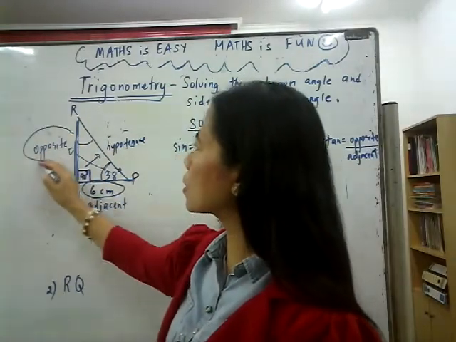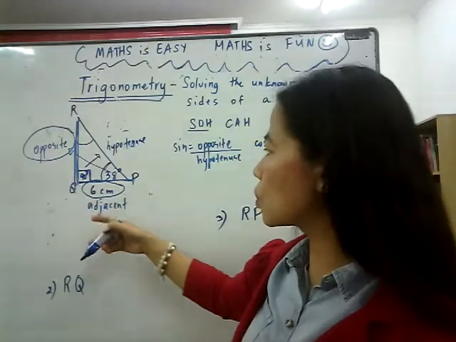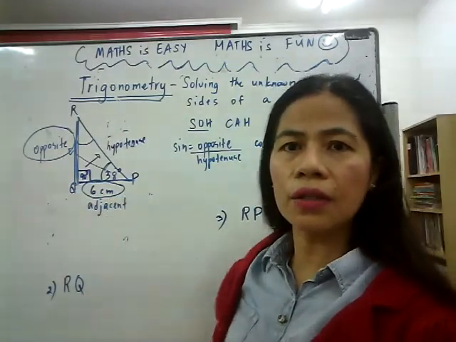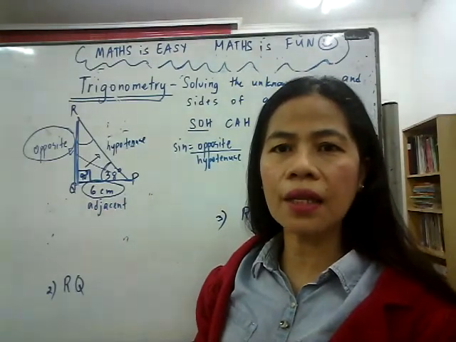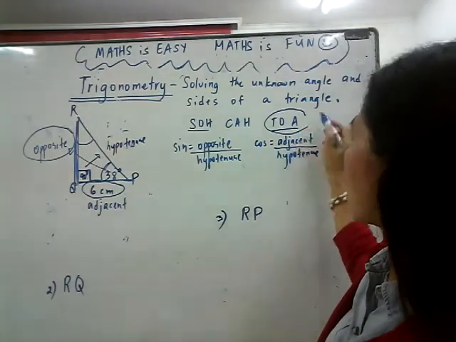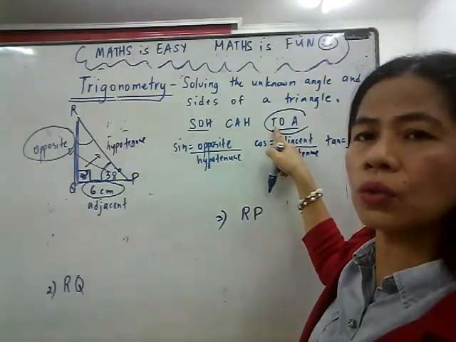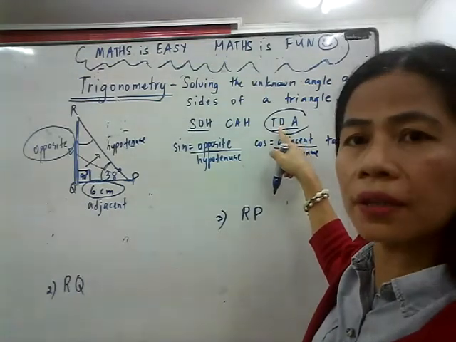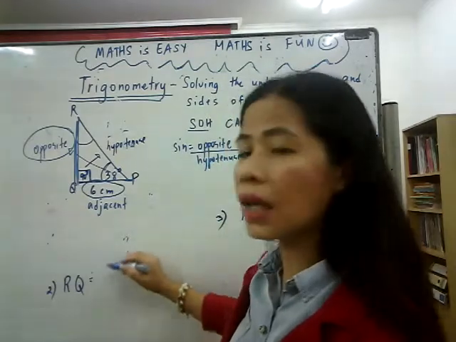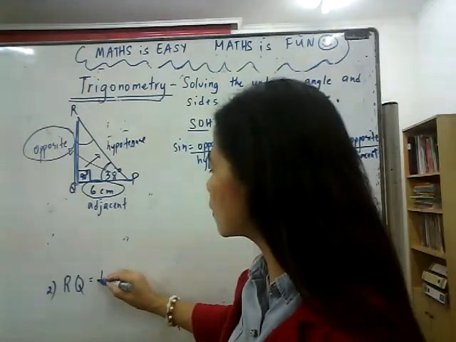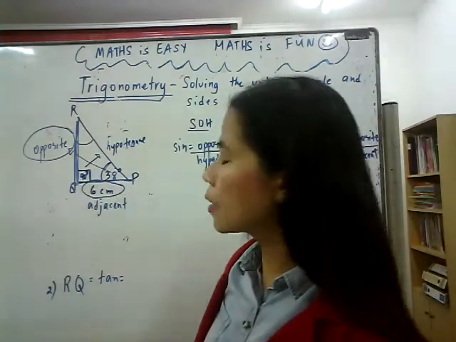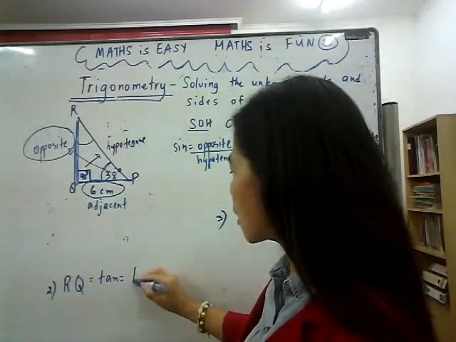Okay, so first, let us solve for RQ. Our RQ is the opposite, and we should use the given side, which is the adjacent side. So we need the opposite and adjacent. In that case, we are going to use the TOA, because TOA is equal to your opposite side divided by the adjacent side. So we are going to use the tan ratio. So tan is equal to opposite first. Your opposite side is the unknown side, which is RQ.